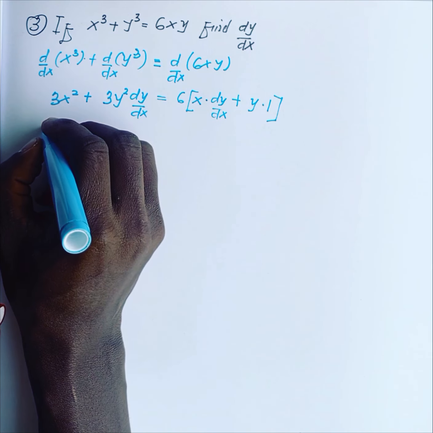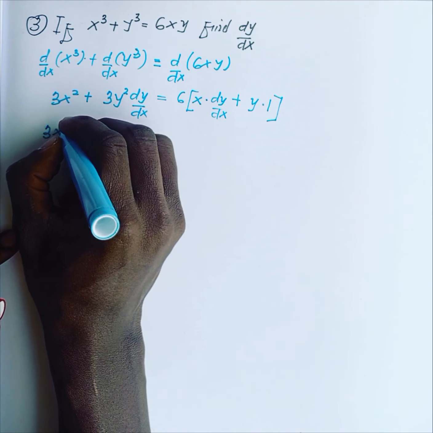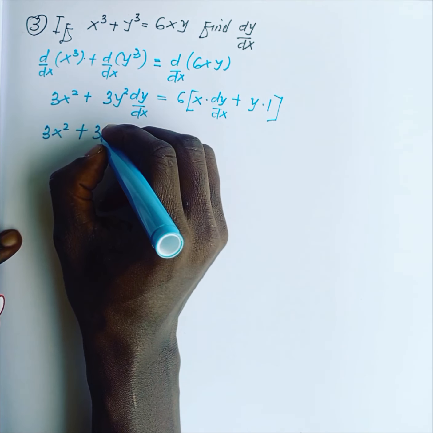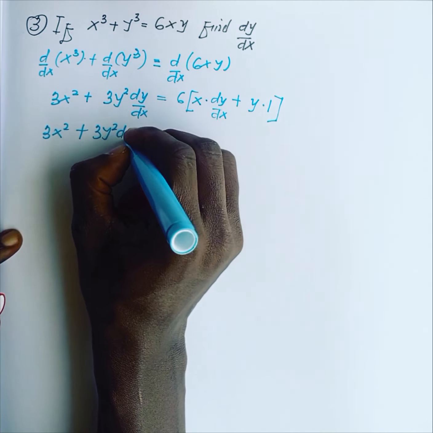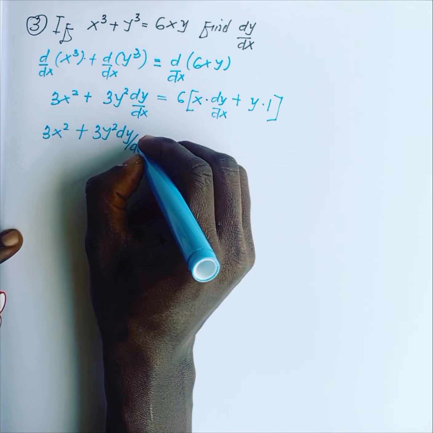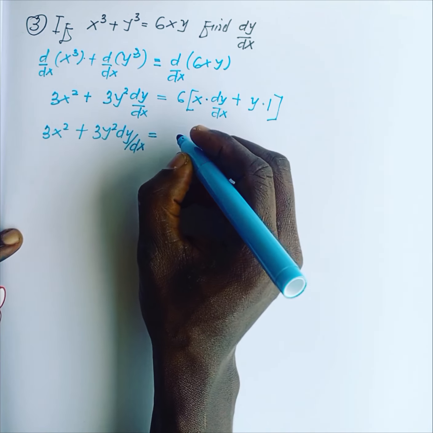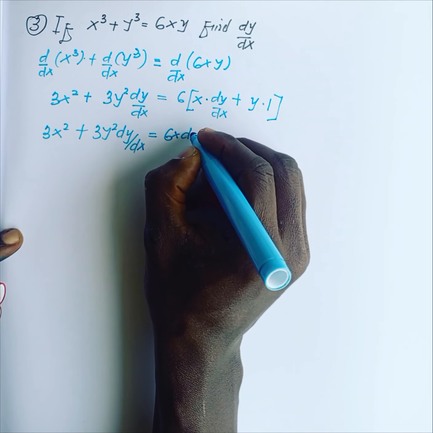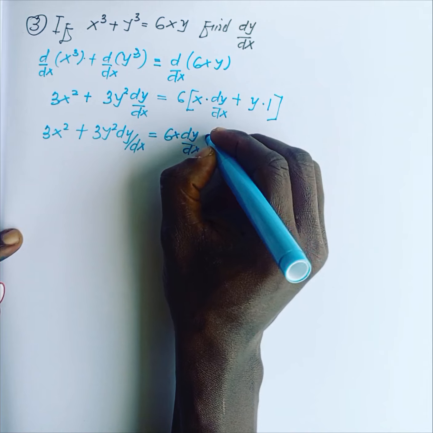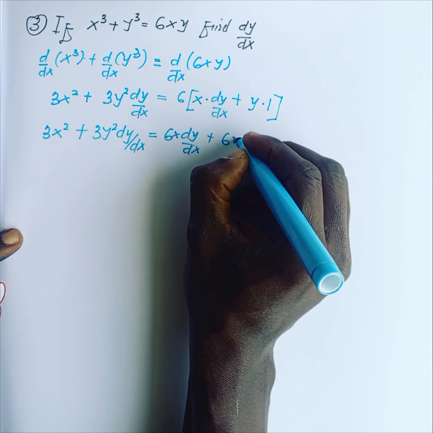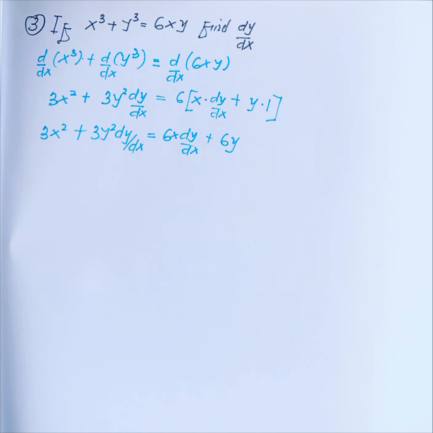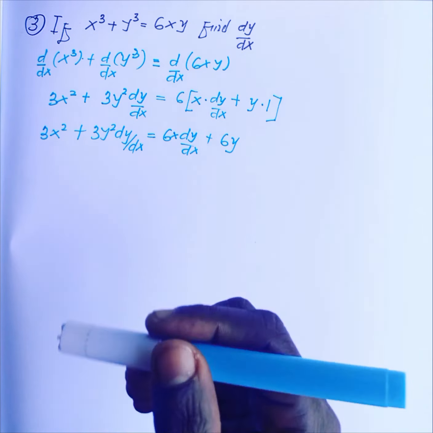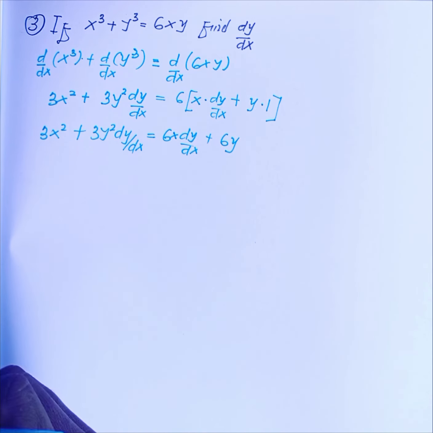So we are going to get 3x squared plus 3y squared dy dx is equal to, now let's expand, we are going to get 6x dy dx plus 6y. Very good. Now the next thing we are going to do is we group the dy dx at one side and those without the dy dx on the other side of the equation.